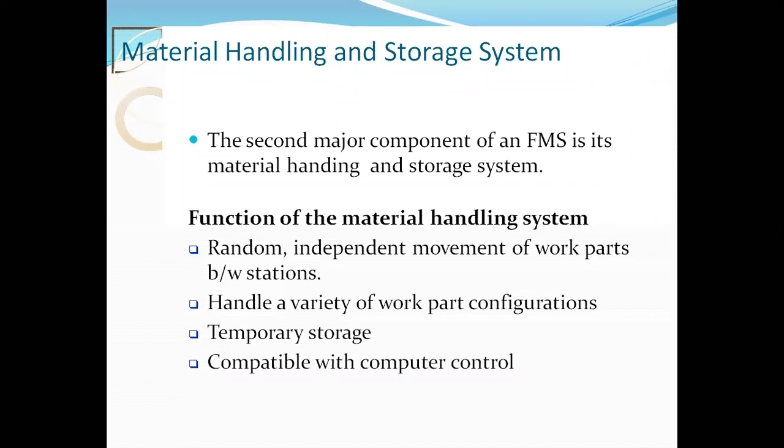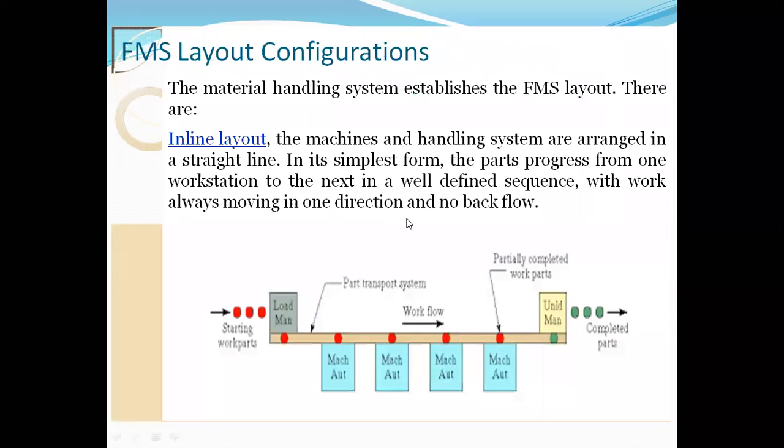And the material handling system, if it is automated, should be compatible with the computer control. Usually the material handling system will have both manual and automated. If you want to convert from manual to automated, it should be compatible with the computer control. So these are all the things related to the material handling system.